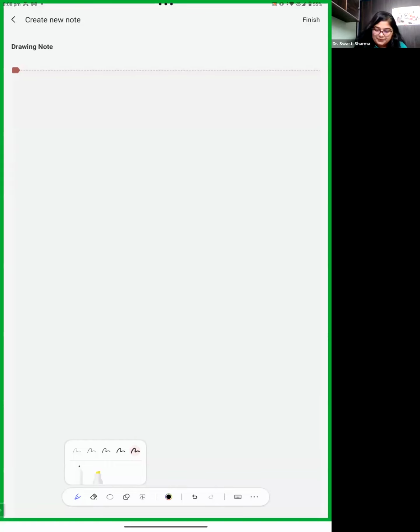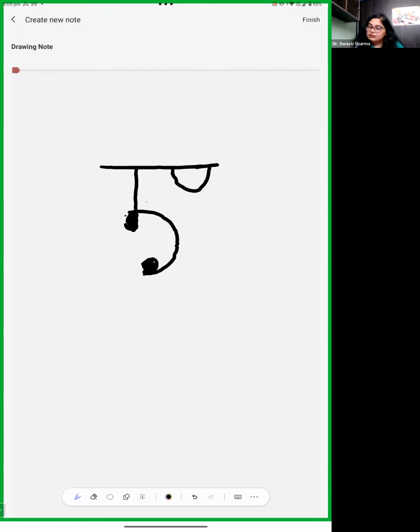I'm making it something like this, the D, and there is this stroke. It looks like the letter Ana.